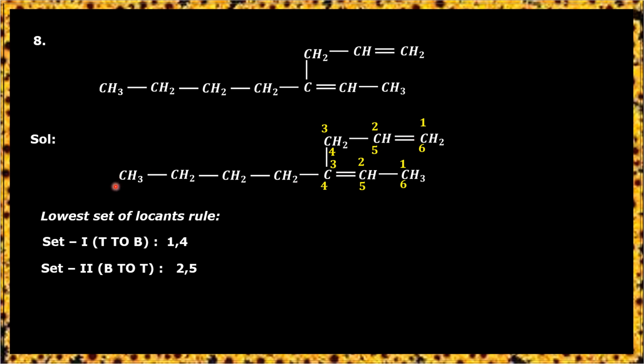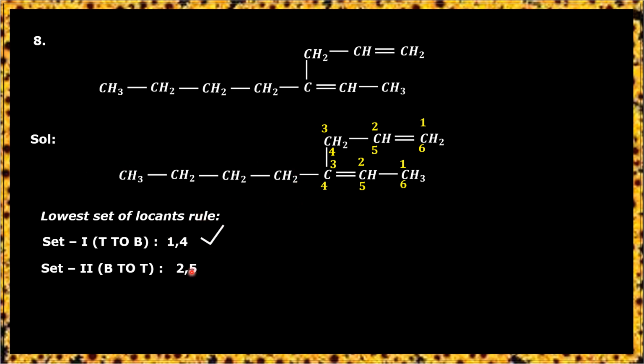And this is one substituent. 1, 2, 3, 4 carbon atoms are there. It is butyl, C4. Okay. 3 plus 2, 5 plus 4, 9. C4H9. So it is a butyl group.